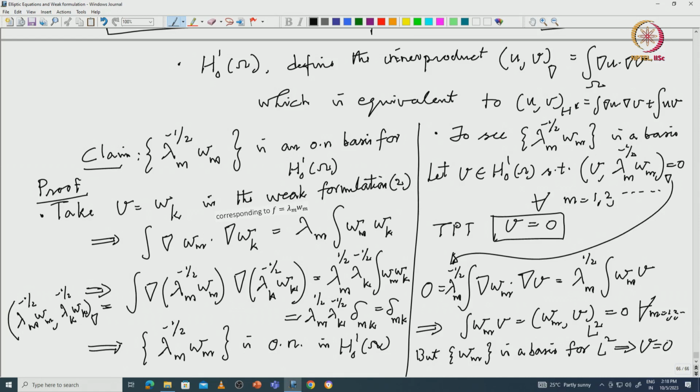V equal to 0. That is what you want to prove. So it proves it, you see, so you have your basis.